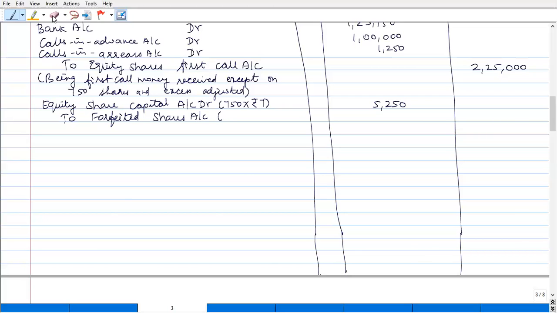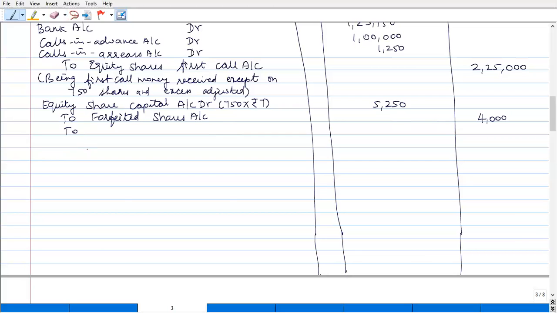She has applied for 1,000 shares and she has paid 4,000 at the time of applying for 1,000 shares, isn't it? So 4,000 should be credited to the forfeited shares account as it is her paid up value.